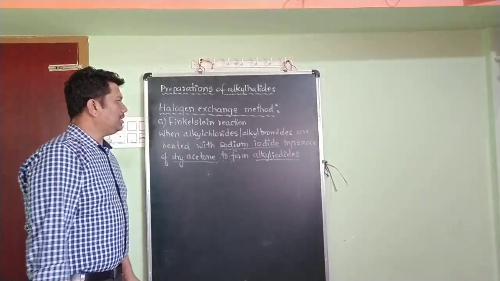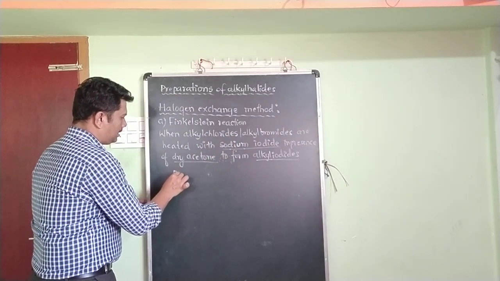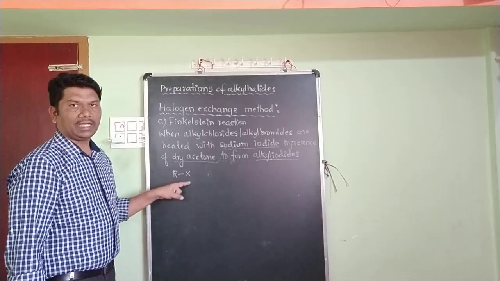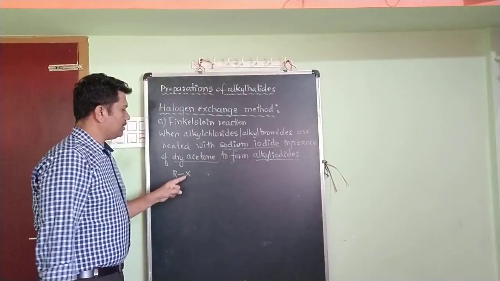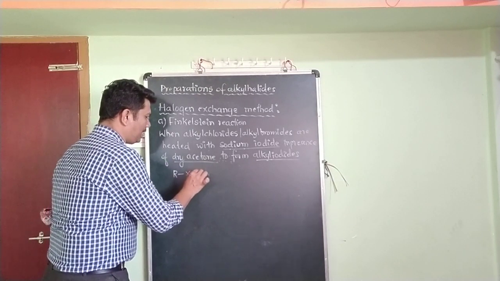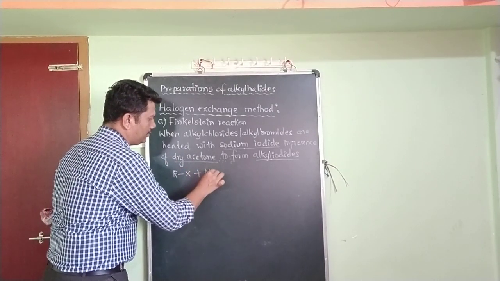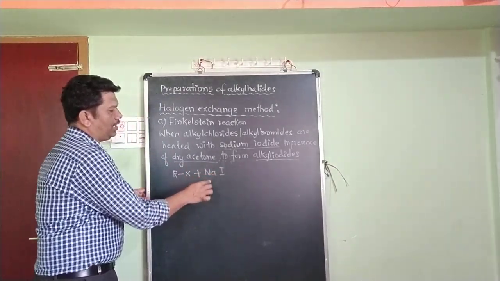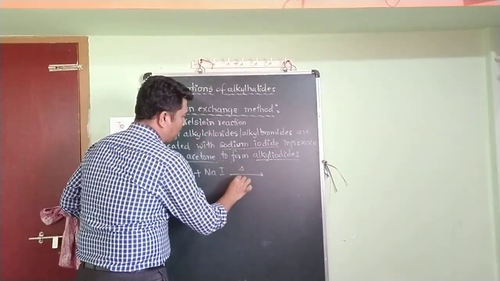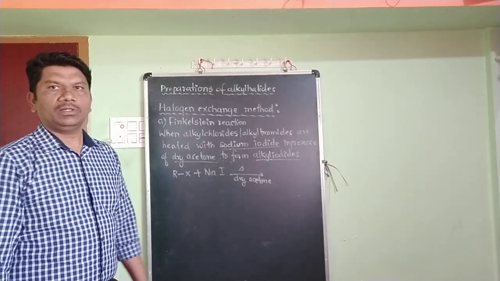See how to write the general representation of this reaction. Alkyl halide, that is RX. In place of X, if you put Cl, it will become alkyl chloride. In place of X, if you put Br, then it will become alkyl bromide. When alkyl chloride or alkyl bromide is heated with sodium iodide, here NaI means sodium iodide, in presence of dry acetone, to form alkyl iodide.